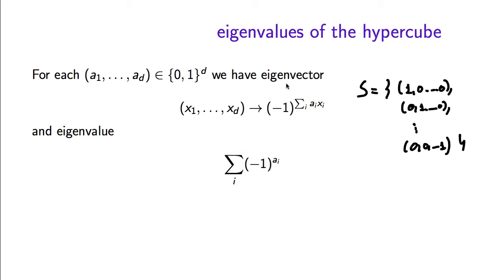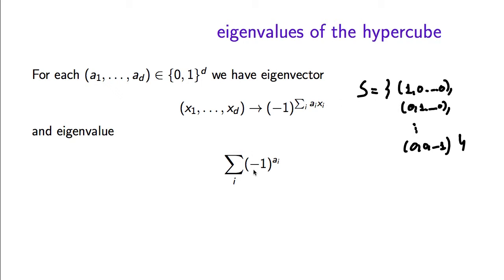So for example, what is this when we pick x1 through xd to be 1, 0, 0, 0, 0? Well, this summation will just be (-1)^a1. Then we have to sum the output of this function on input 0, 1, 0, 0, 0. So this will just be (-1)^a2 and so on.